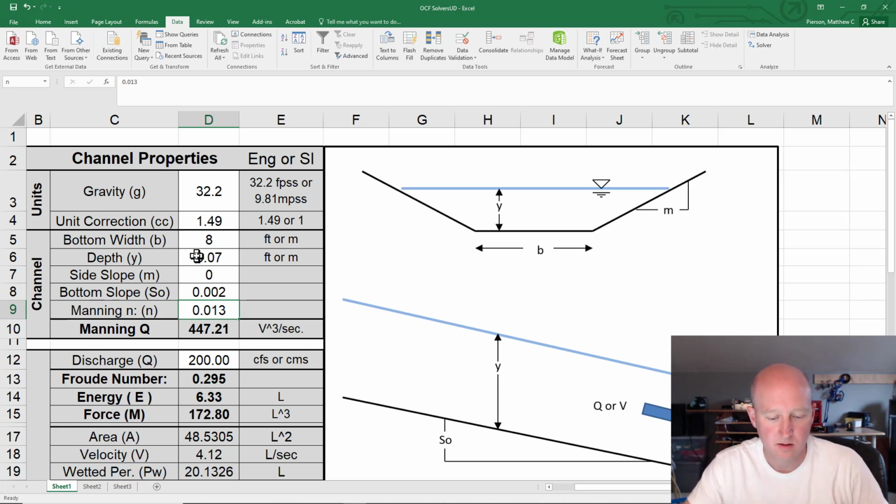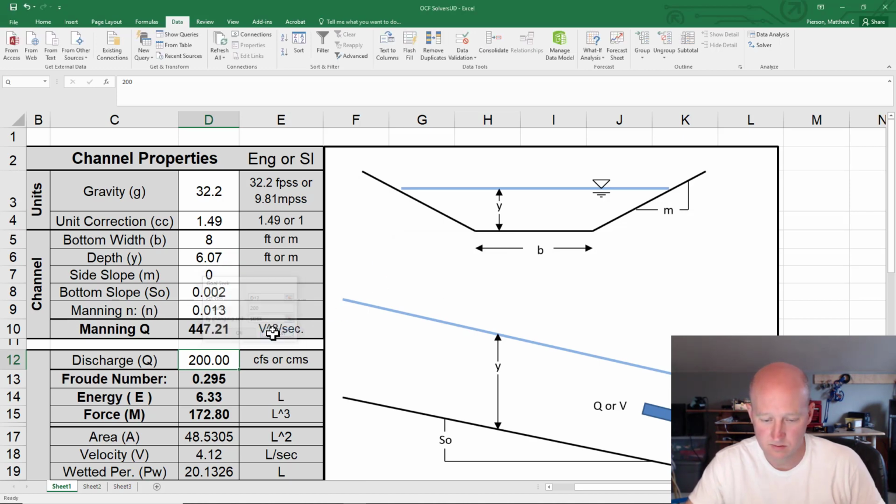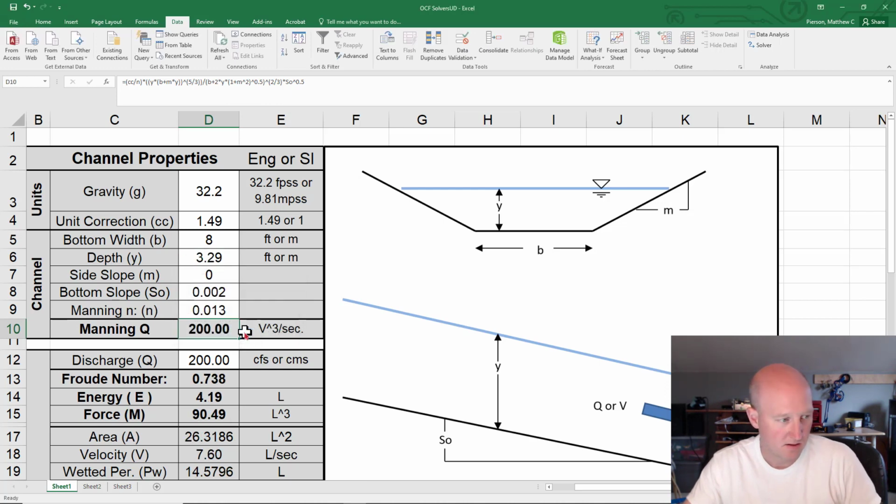And so we're going to goal seek the Manning's flow rate so that we get 200 CFS. Okay, 3.29 is the answer.